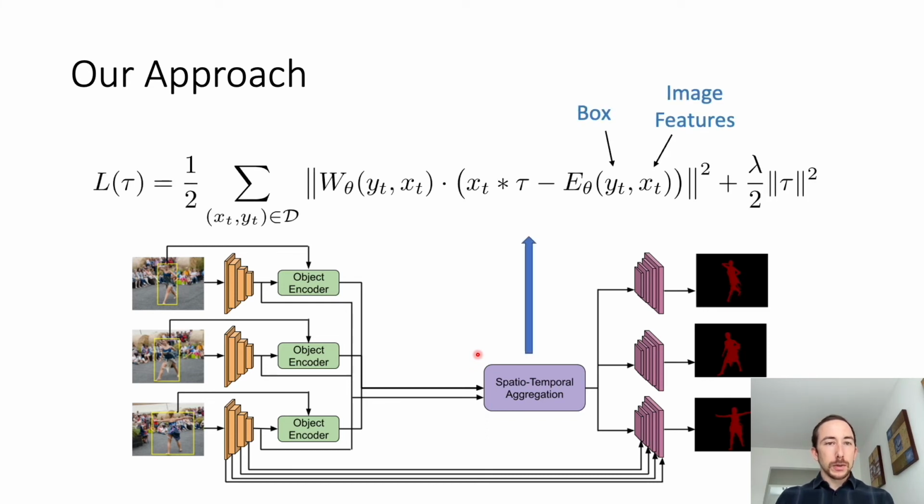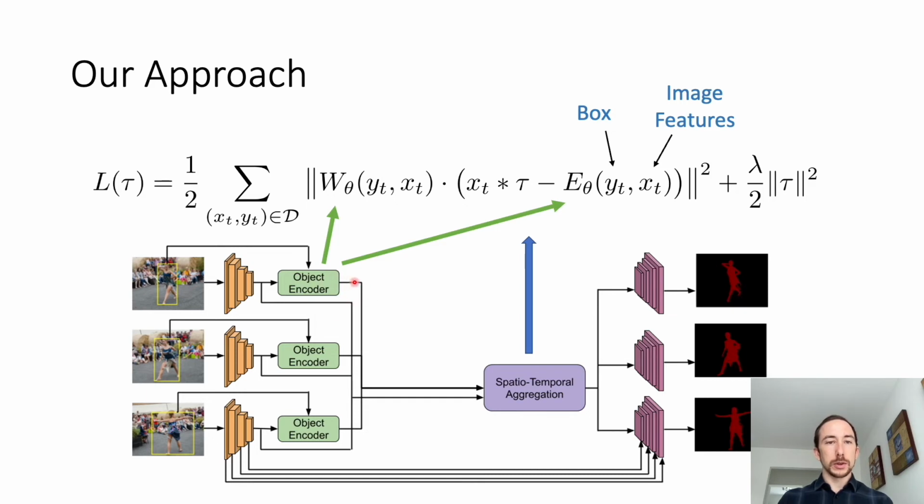In fact, this solves an objective very similar to the one I presented previously for the learning what to learn method. So here we have our input image features X. Note that Y here is now only a bounding box. Previously it was the full segmentation of the object, but here we only have the bounding box. So what we do is to feed in both the image features along with the box into these networks E and W, which are inside the object encoder.